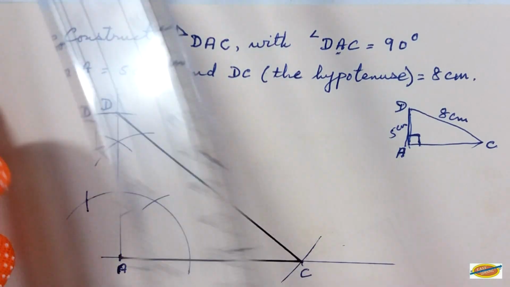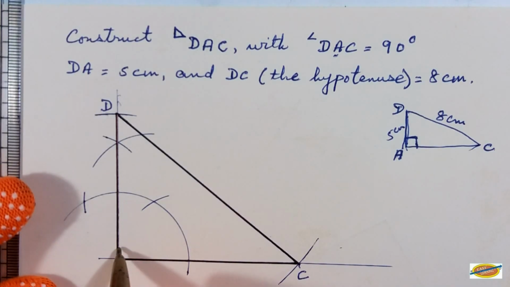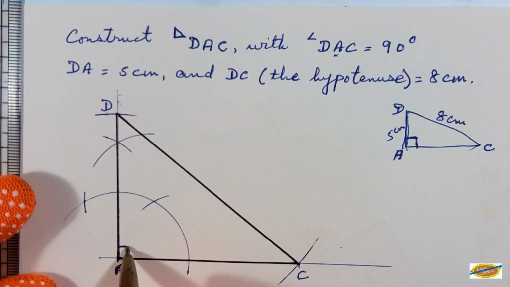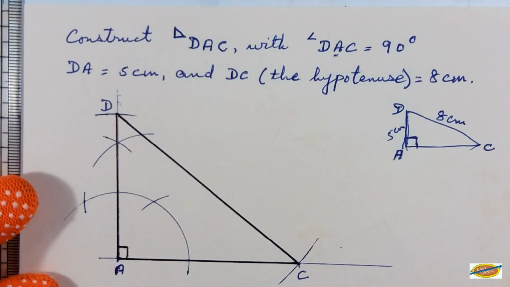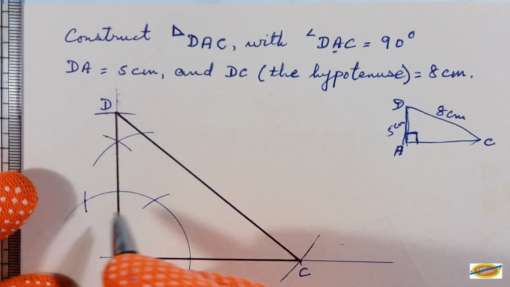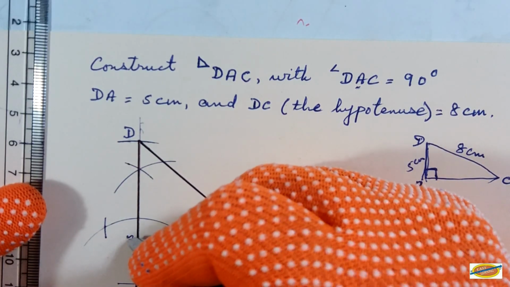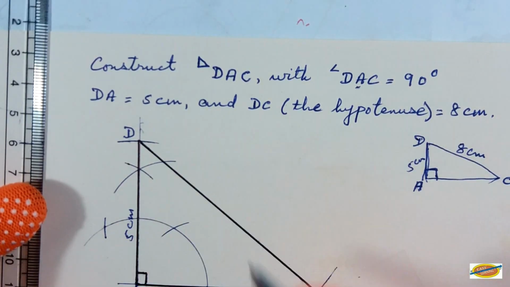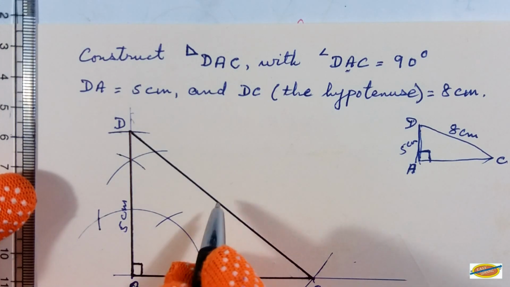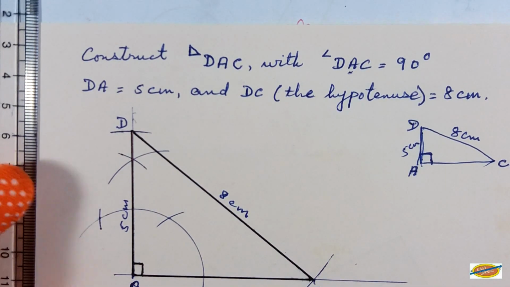And finally, this is 90 degrees. We don't have this measurement. We do have this measurement, which is 5 centimeters, and we have this measurement, which is 8 centimeters.